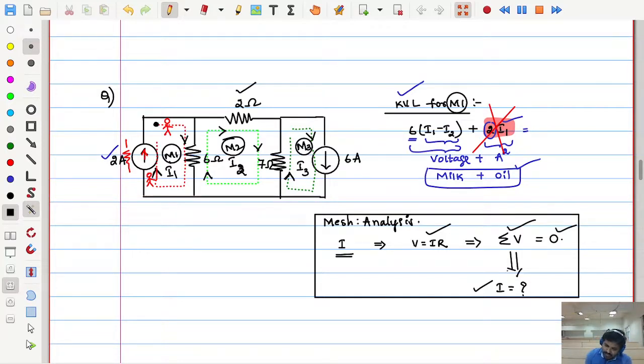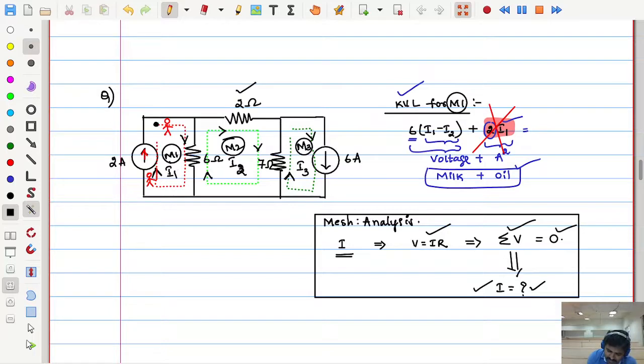So, whenever you have some current sources in this way, don't worry about it. This is something like a lucky draw has caught you. You are the winner in a lucky dip. Why? Because without doing any work, you already got your destination. What is my current?